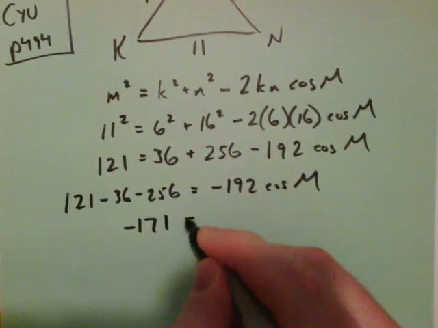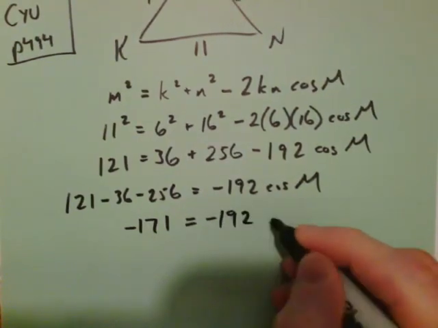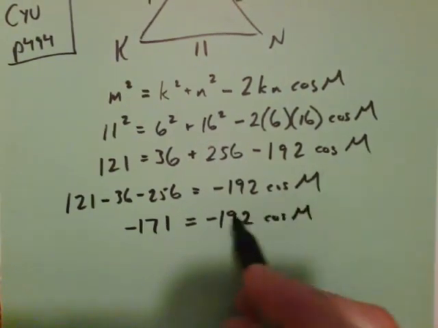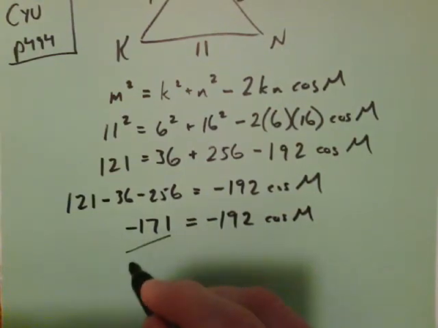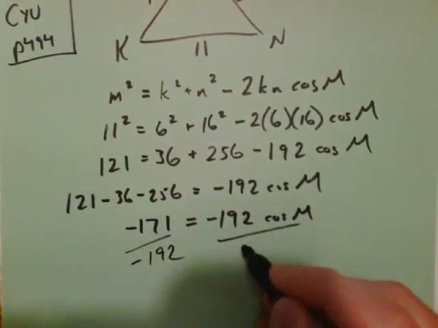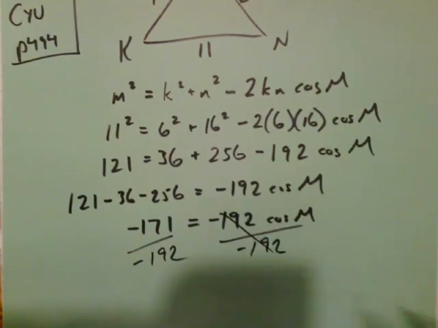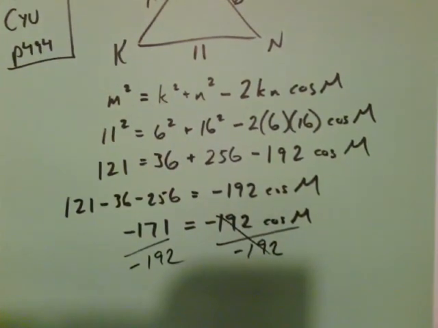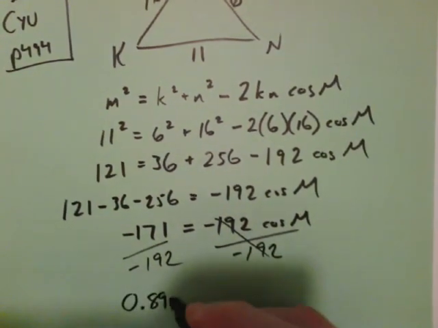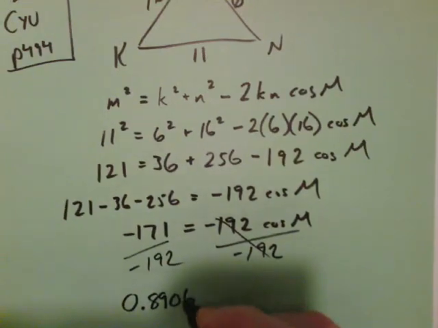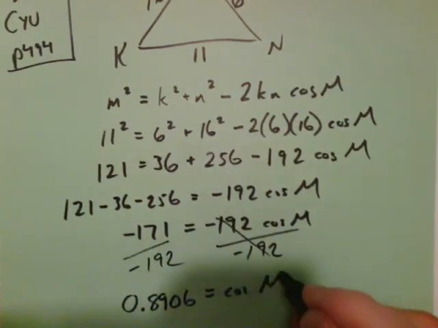You might be thinking, oh, it's negative. Should it be negative? Yeah, because we're going to divide by a negative. Dividing both sides by negative 192 cancels on this side, and we get 0.8906 equals cos of m.